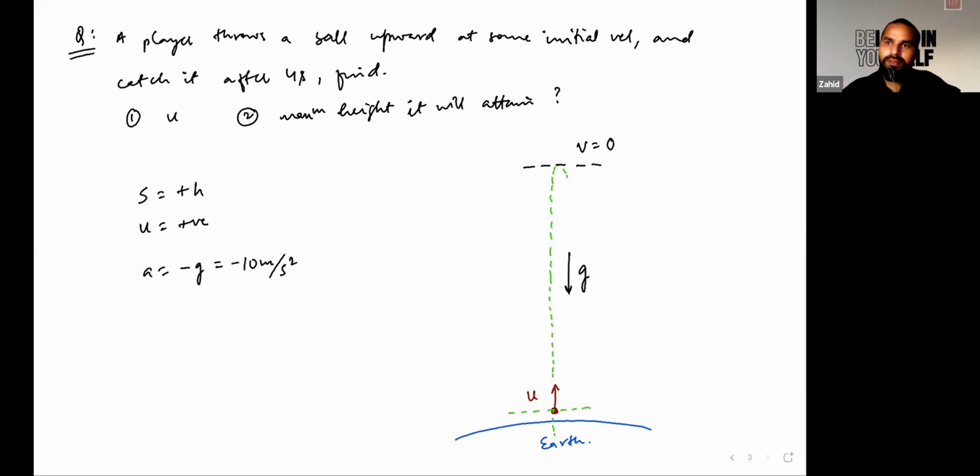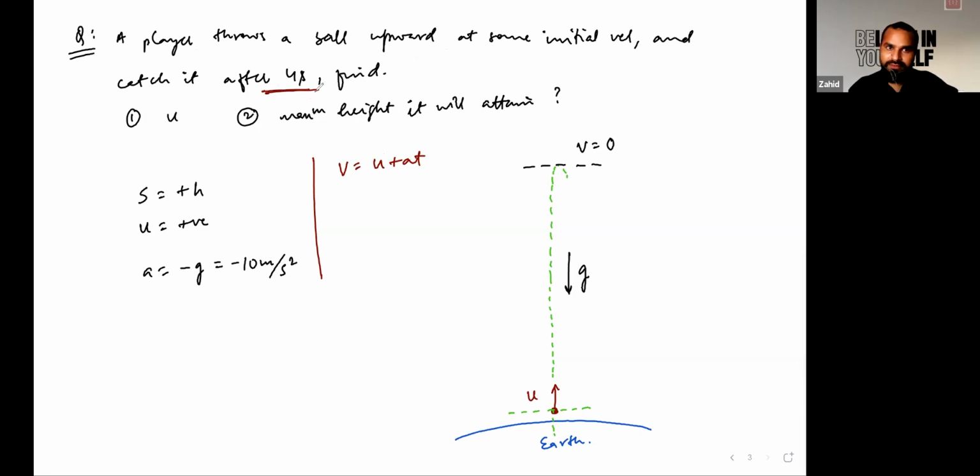So we have final velocity to be 0, initial velocity unknown, u, and the acceleration going from this point to this point is g. By using the first equation of motion, v is equal to u plus at, we will be able to calculate the time going from this point to this point. But in this problem, a player throws the ball upward and catches it after 4 seconds.